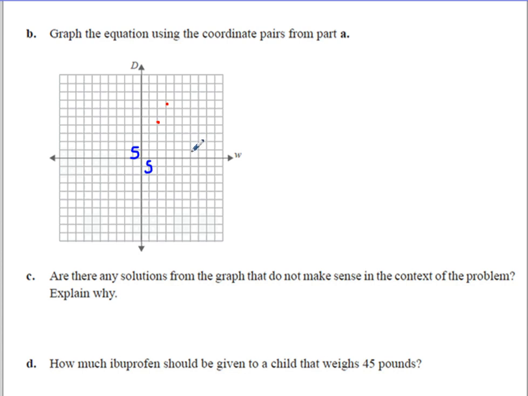So 5, 10, 15, 20, 25, 30, 35, 40, 45, 50. Oh, I already ran out of room. 55, 60, 65. 66 is going to be somewhere up here. And so let's draw our line.